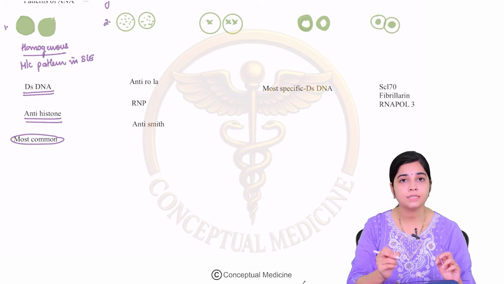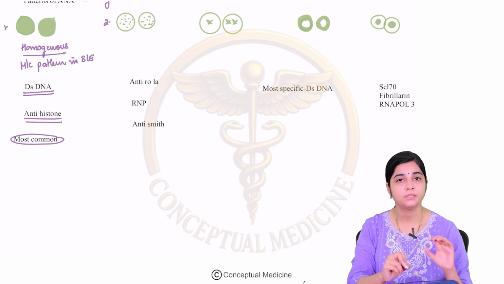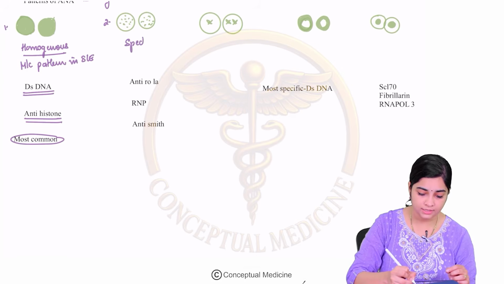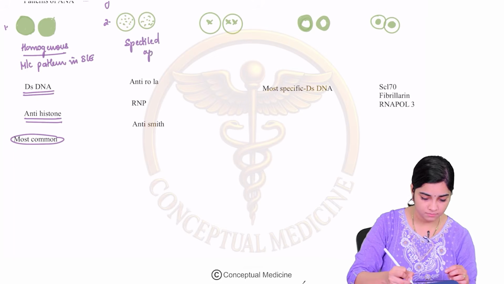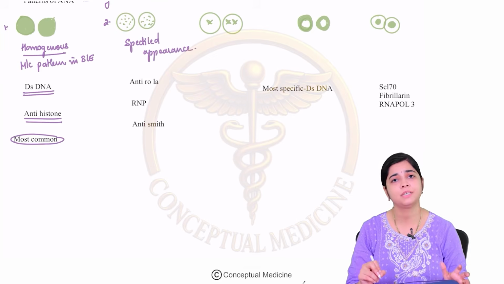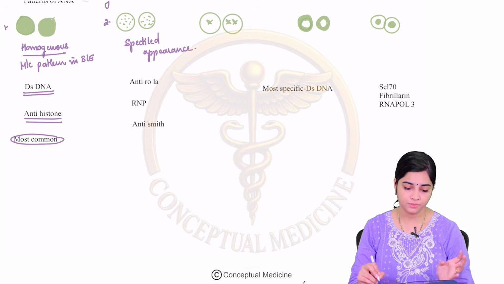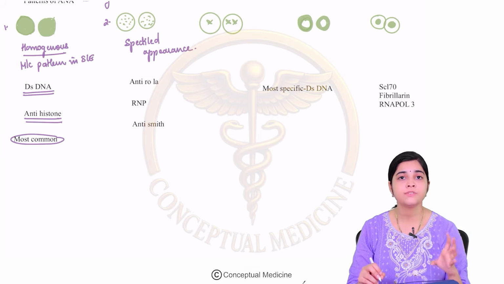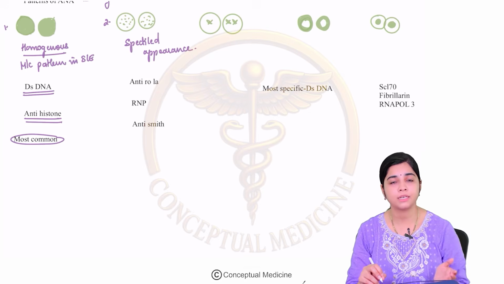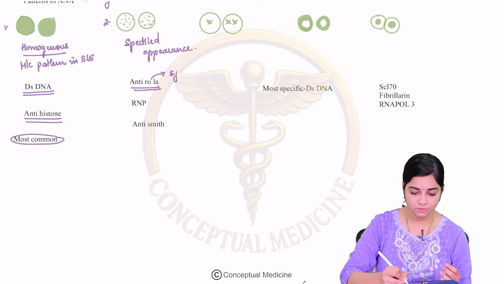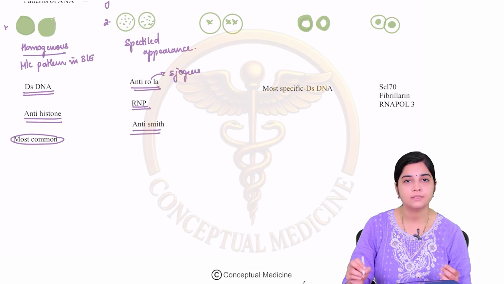Second, you can see that within the nuclei, you can find small dots, and this is what we call the speckled appearance. So the speckled appearance is not specific to SLE. It can be found in a variety of autoimmune disorders, right? The antibodies associated with a speckled pattern of staining are anti-Ro and La, which is seen in Sjogren's syndrome, then you have RNP and anti-Smith.